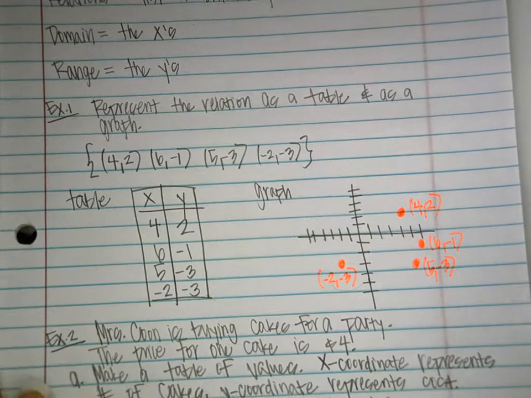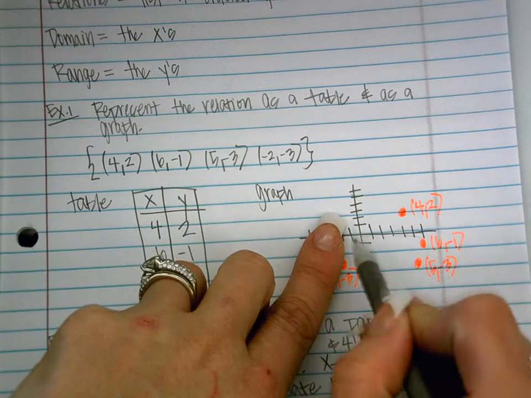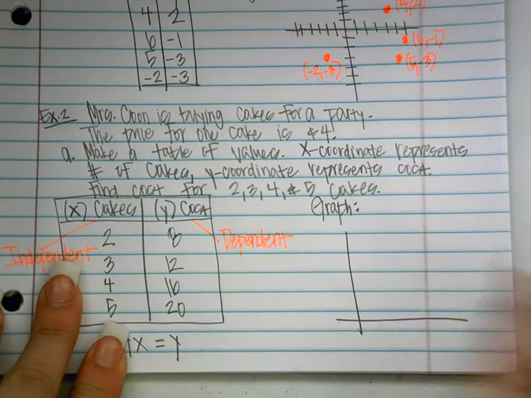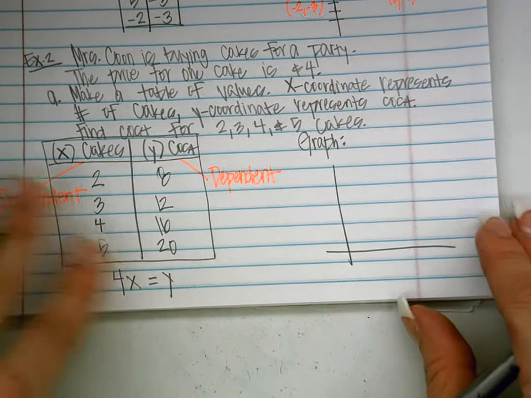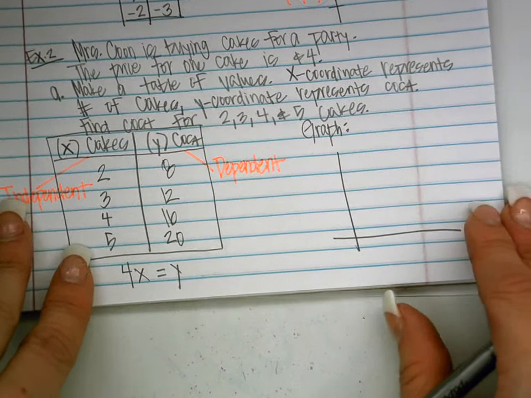We don't need any of the negatives, right? So I really just need this portion, just the positive one. That's called a quadrant. I don't need to make any of the negative parts. It's never going to cost me. You can't buy a negative number of cakes, and you can't pay negative dollars.